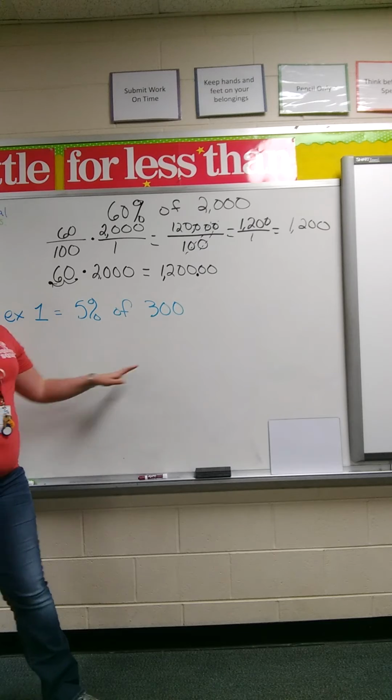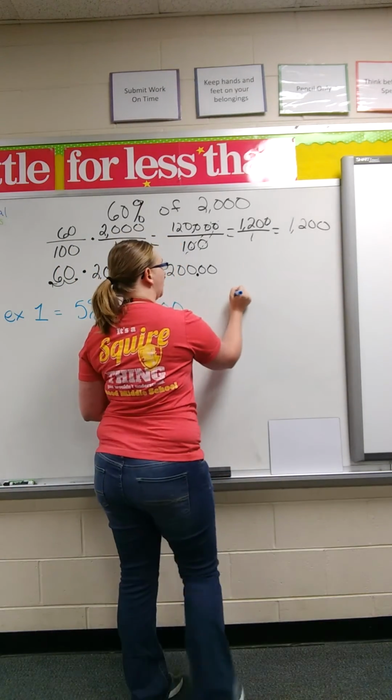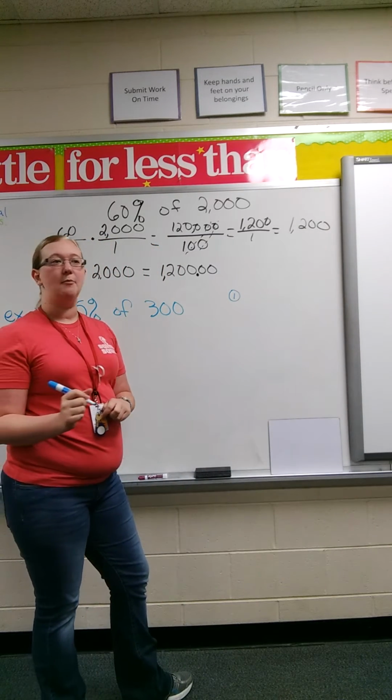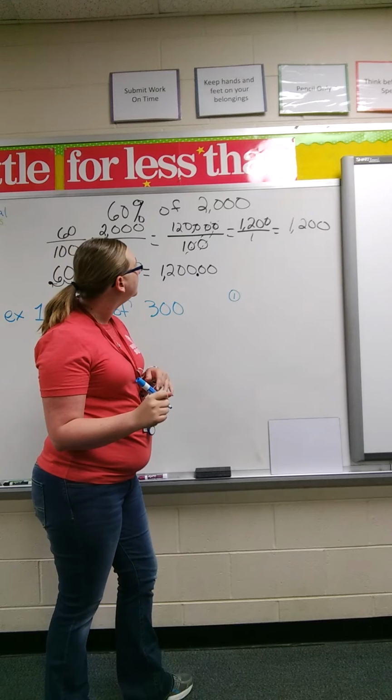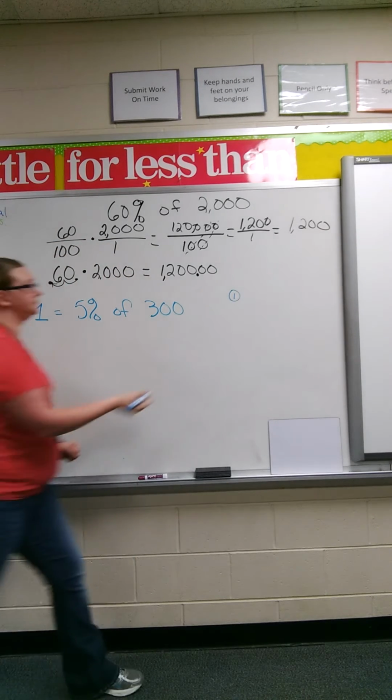Alright, now I'm going to write our steps to solving this out to the side. Step 1, I move the decimal point 2 places. In which direction, right or left? Left.